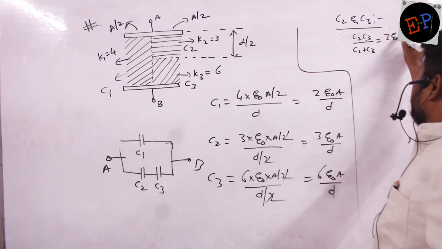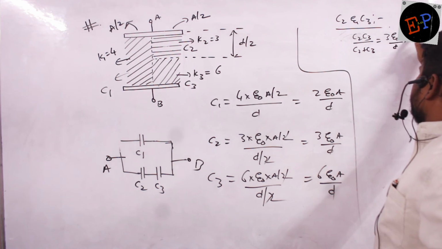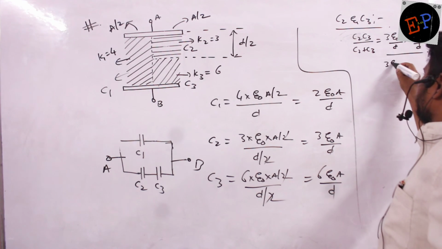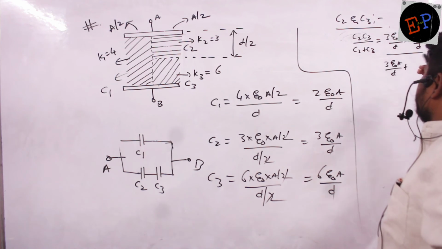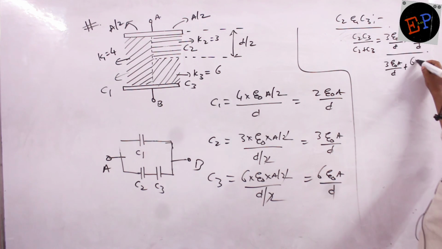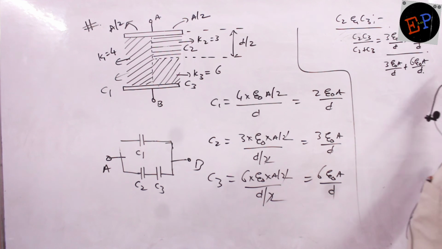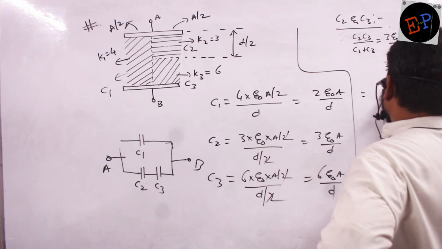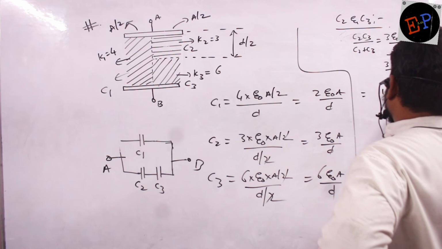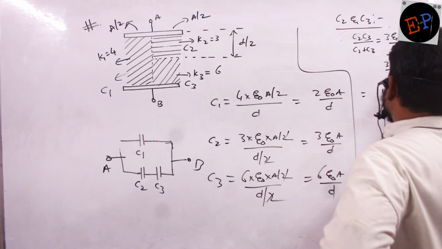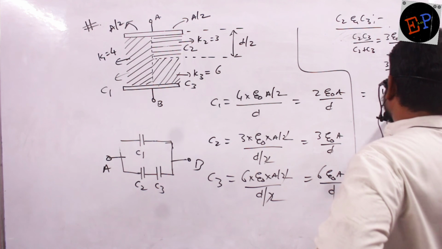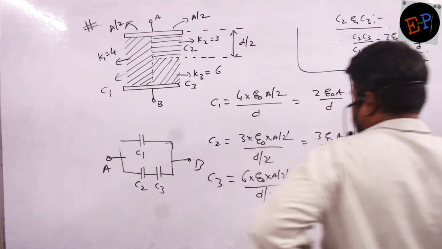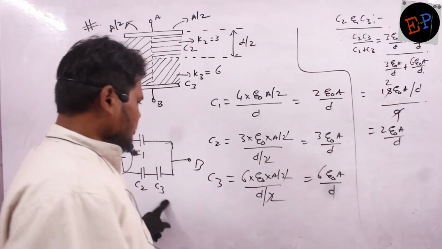That is 3 epsilon naught A by d multiplied by 6 epsilon naught A by d, divided by 3 epsilon naught A by d plus 6 epsilon naught A by d. The epsilon naught A by d will get cancelled, so 6 threes are 18. 18 epsilon naught A by d divided by 6 plus 3, which is 9. So 2 epsilon naught A divided by d. This is the equivalent capacitance of C2 and C3.